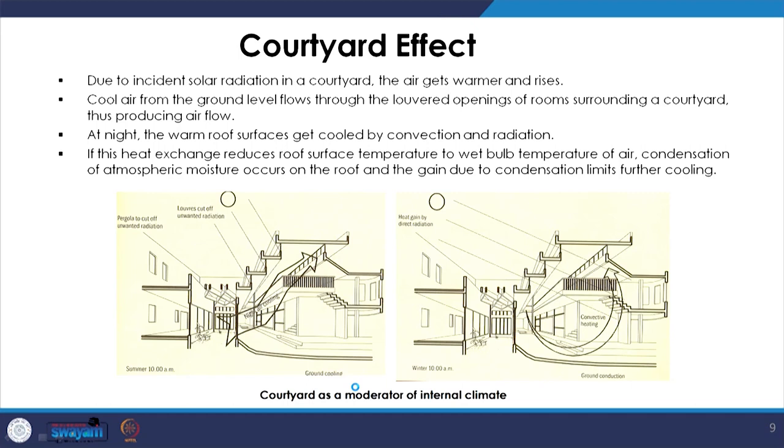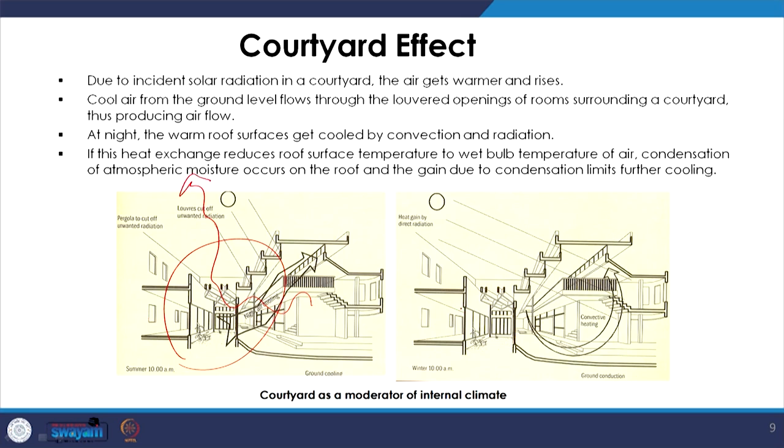Then we have the courtyard effect. We have talked about courtyard as a passive design strategy earlier also. Now, what a courtyard does is that it shades the interiors from getting heated, and this open to sky courtyard facilitates night ventilation.